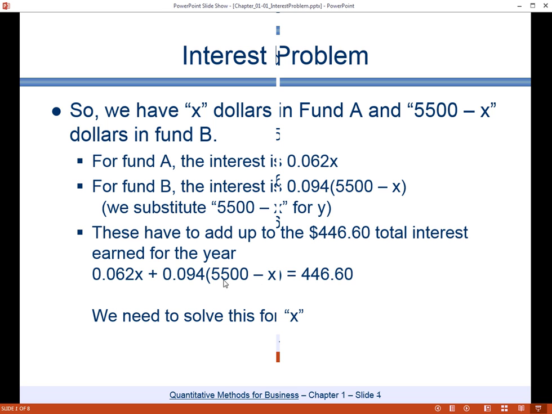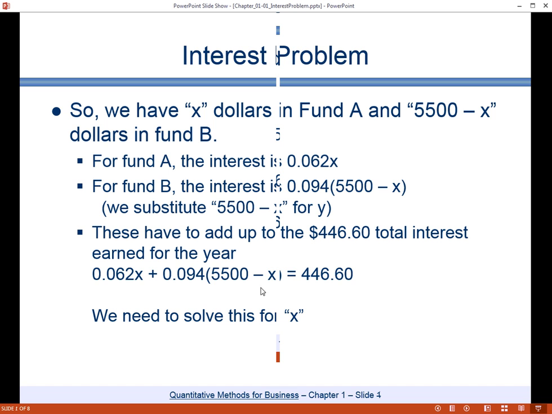This equation has got the two pieces of information that we got from the original problem. It's got the fact that the interest from Fund A, 0.062x, plus the interest from Fund B, 0.094y, has to add up to $446.60.